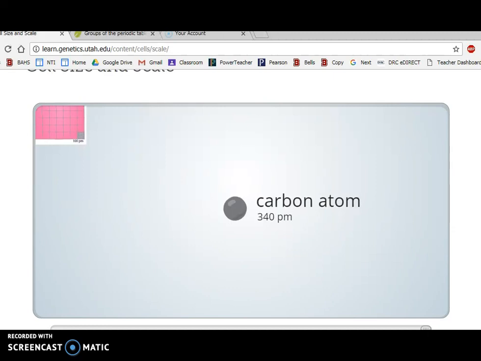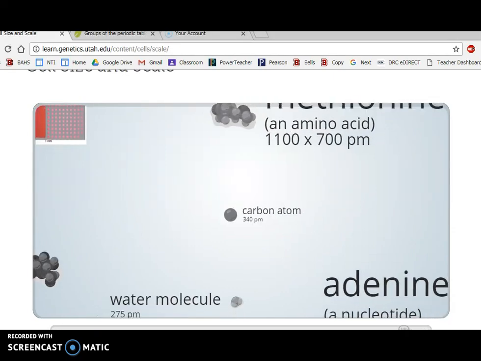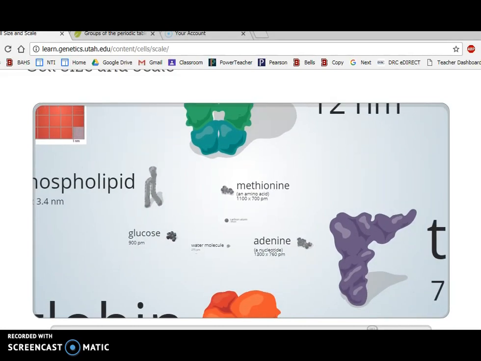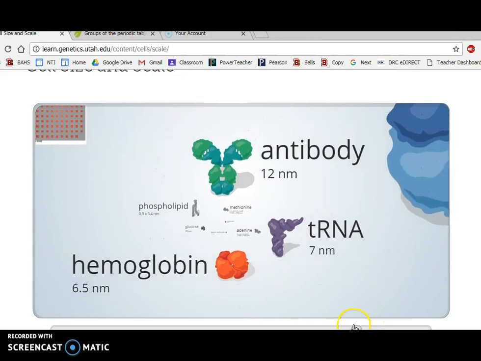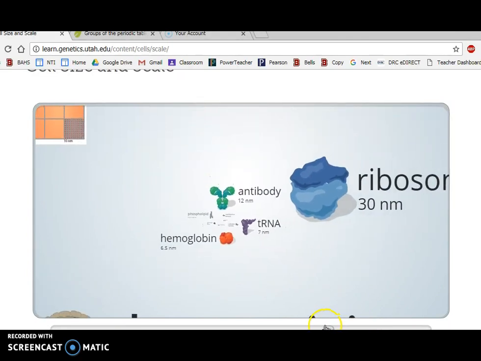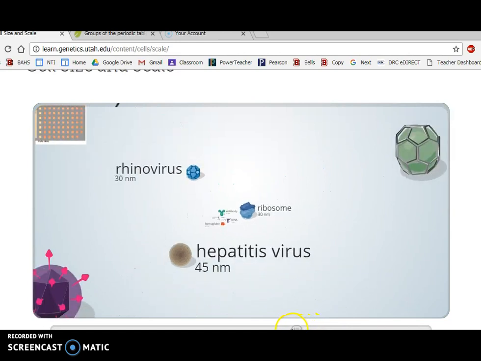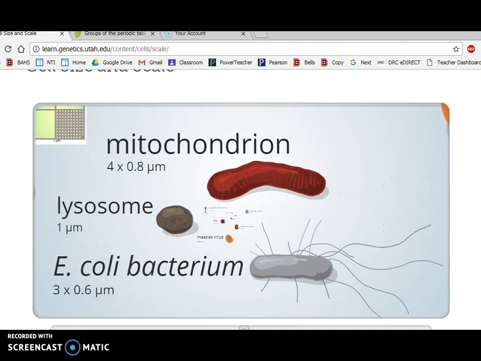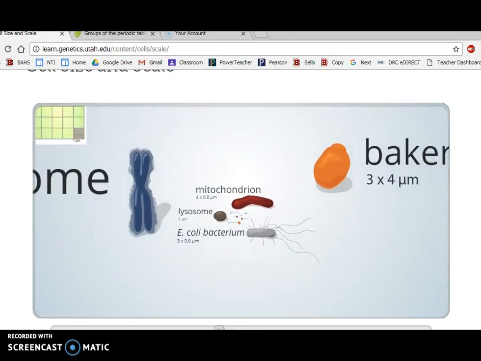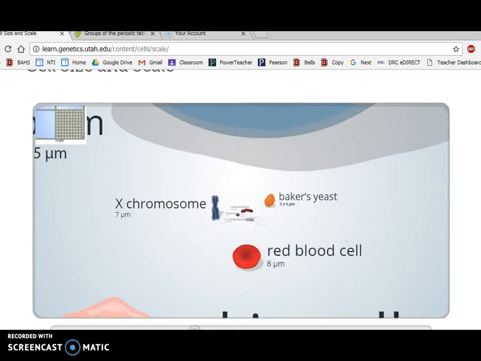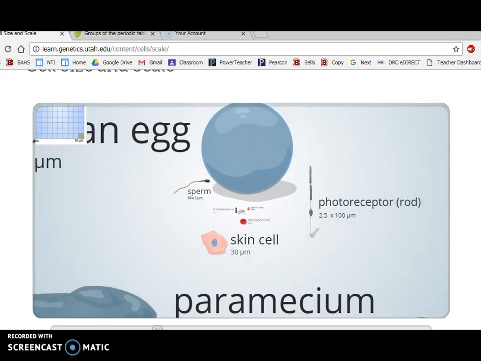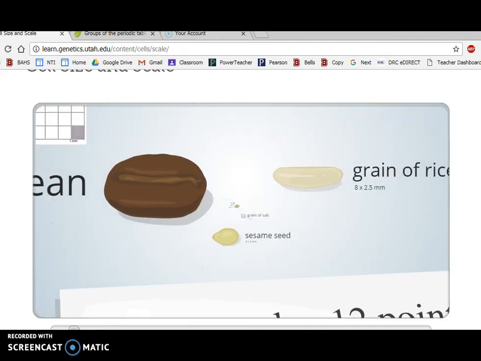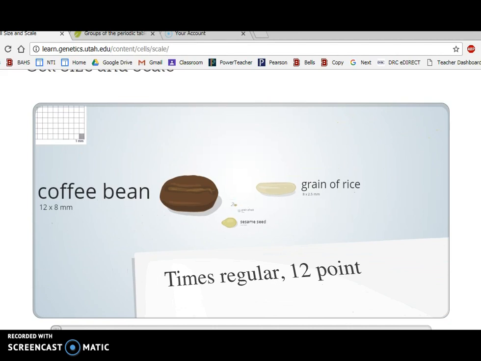We'll start with our carbon atom, and then here we have some familiar molecules: tRNA, hemoglobin, a ribosome, one of your organelles, viruses, our powerhouse of the cell, bacteria, chromosomes, and then all the way out to what you can see.